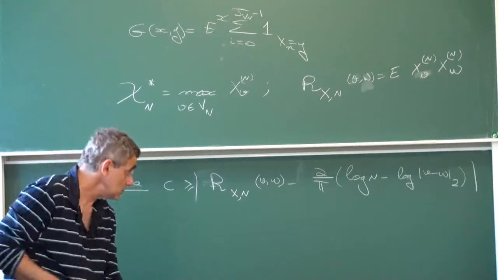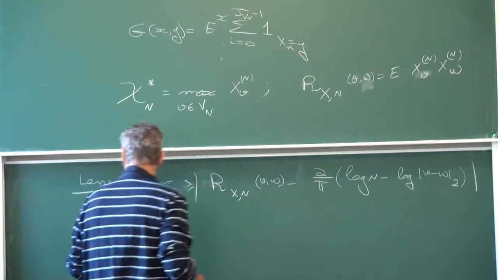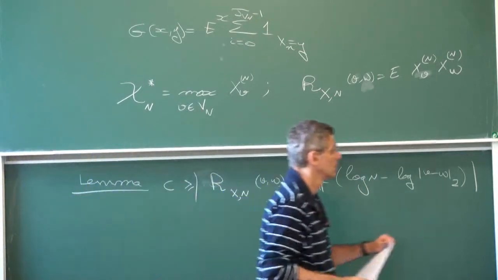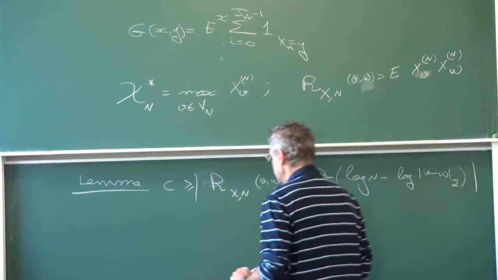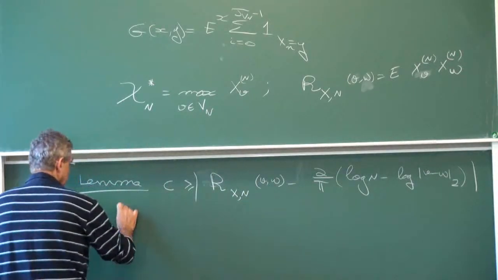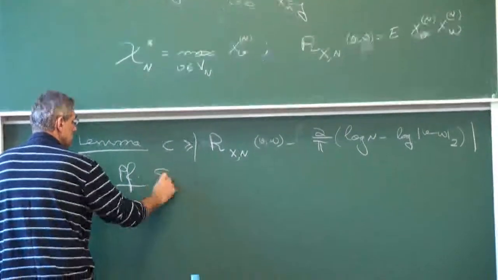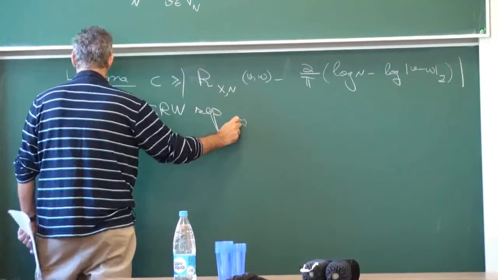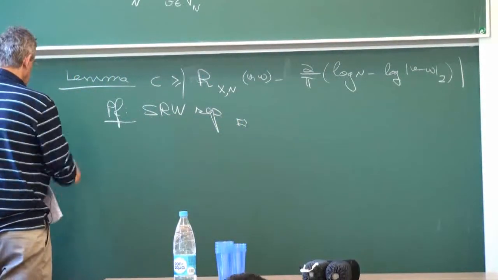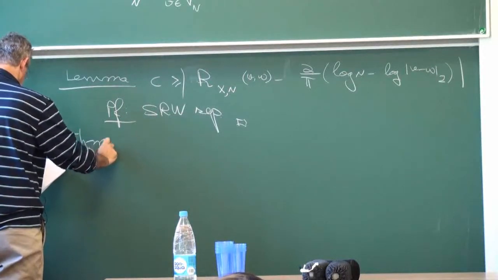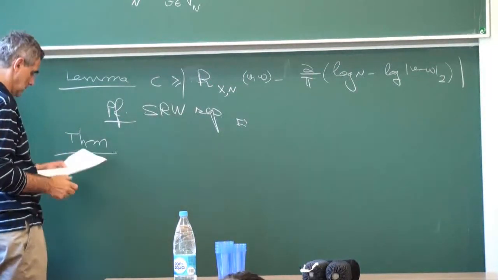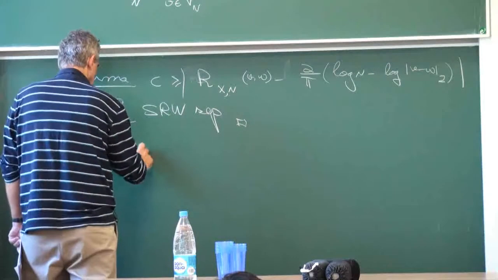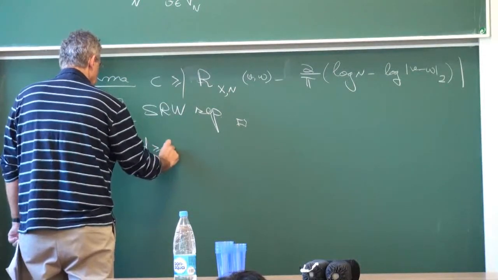Good. So now we are ready for the first real result. The proof here is the simple random walk representation. And now we have the following theorem. Let's take d equal to 2.